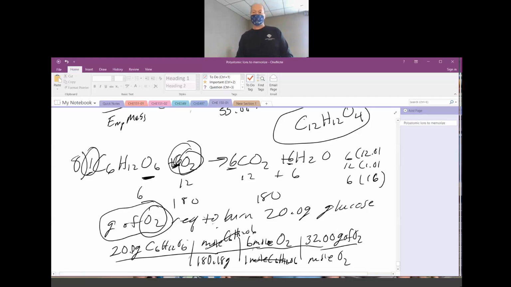If you want the moles of O2, it is 32. All right, so now we're going to push those buttons. 20.0 divided by 180.18 times 6 times 32. And so you get 21.3 grams.